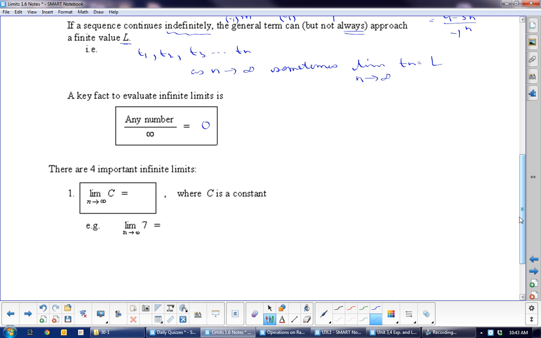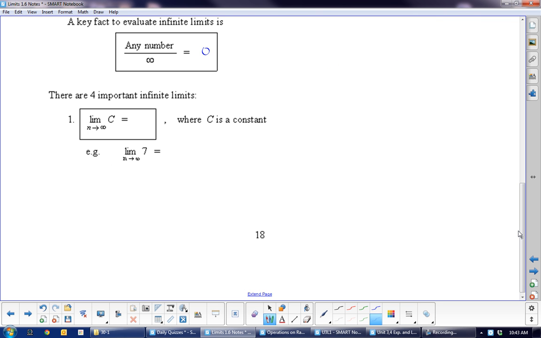Now, there are 4 important infinite limits. If you have a constant, say we had a graph, and this was 7, or if we had a sequence that was going 7, 7, 7, like that, would you know what the limit at infinity would be?